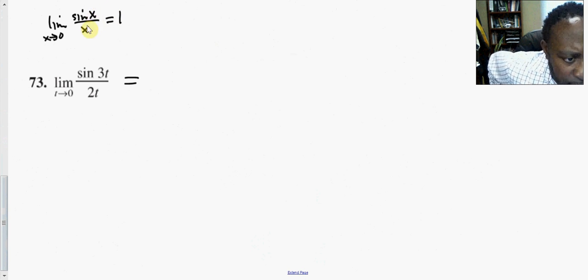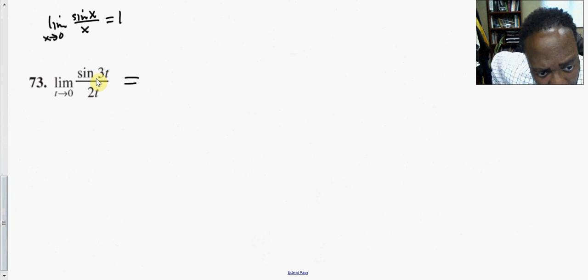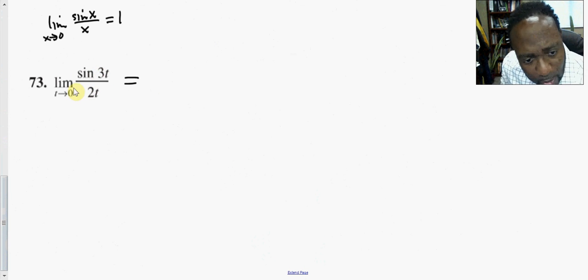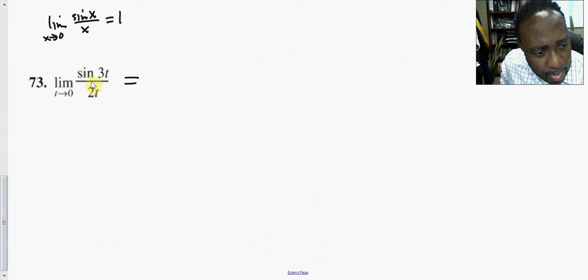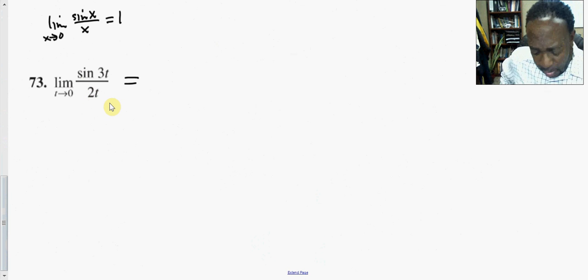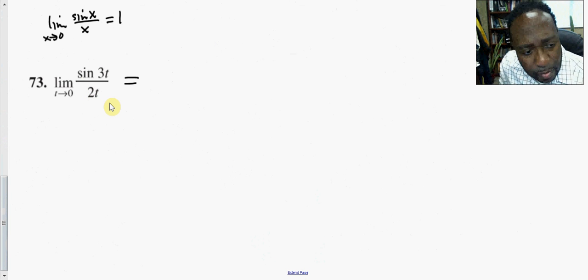It could be anything. Sine of a term divided by that same term as the term goes to 0 is equal to 1. So if this is sine 3t, then I have to have a 3t downstairs. So let's first write what I have by factoring out a 1/2. I can do that because this is not the sine of some term. This is the 2t in the denominator that is completely disassociated with sine 3t.